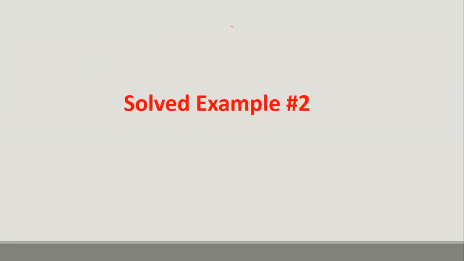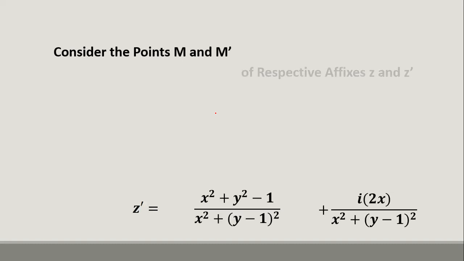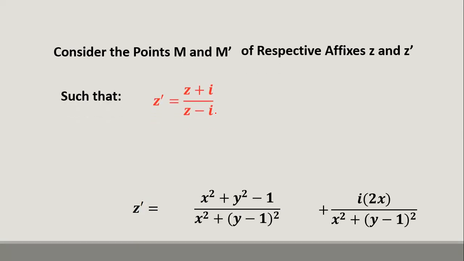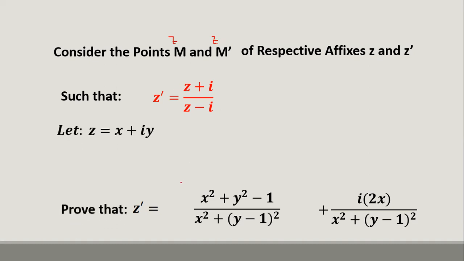Another example concerning locus. You can try it also. Given M and M prime, where Z is the affix of M and Z prime is the affix of M prime, and given the relation between them, I have to prove that Z prime can be written in the following algebraic form.